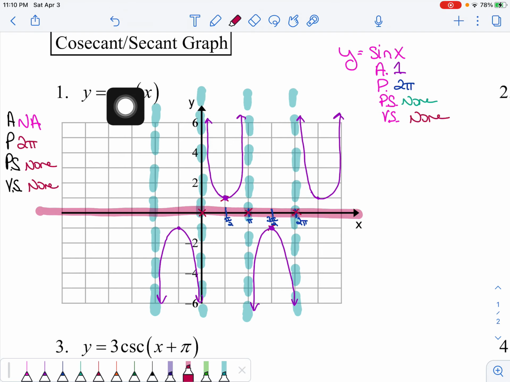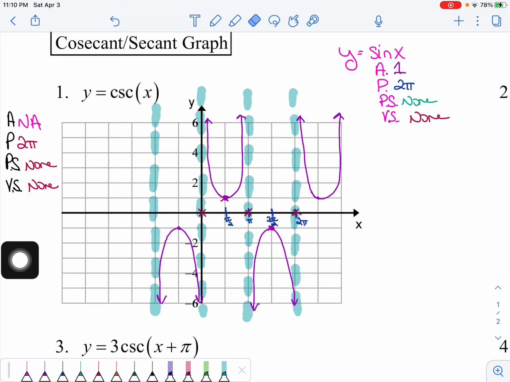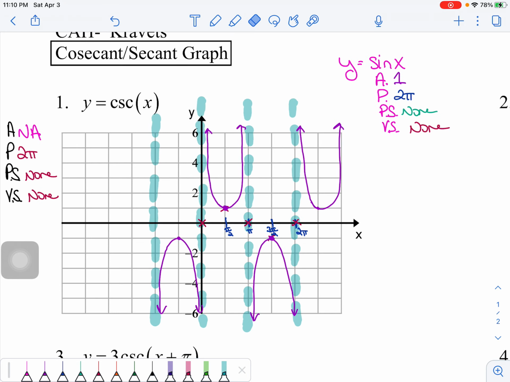The problem is we don't actually have maximum points because these curves are approaching infinities. Whether it's positive or negative infinity, you're approaching an infinity, so you can't define a distance with infinities. So cosecant and secant do not have an amplitude.